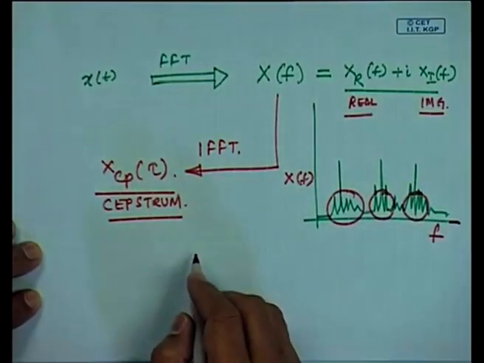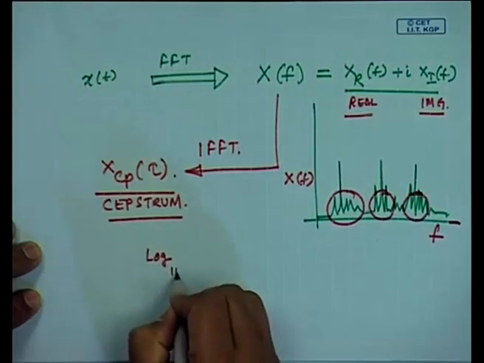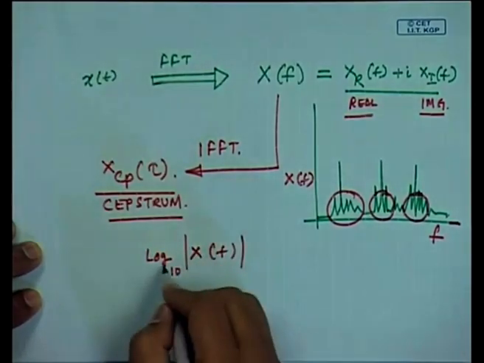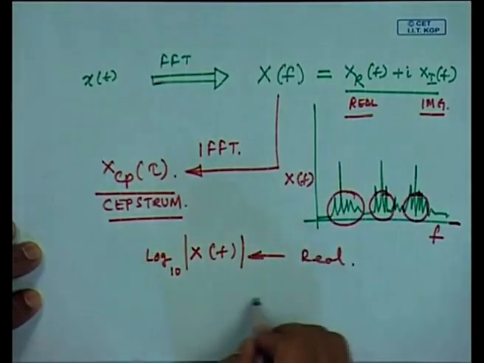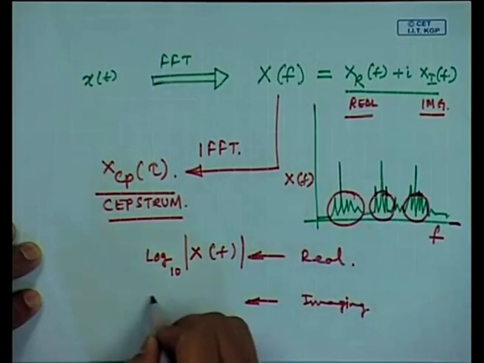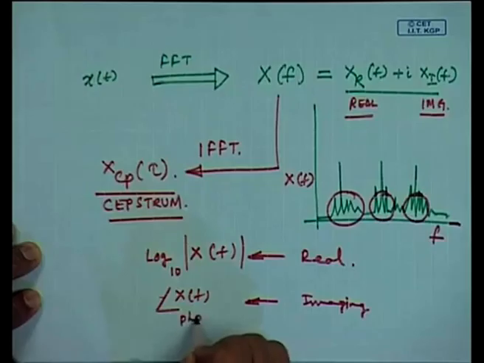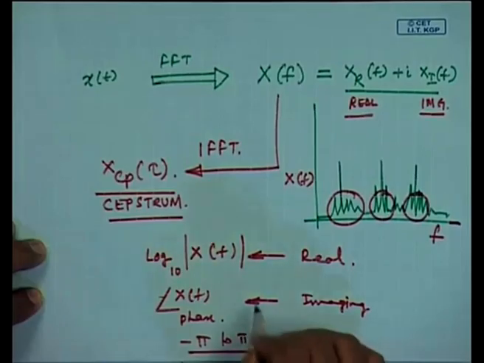To do the inverse Fourier transform, you take the logarithm of the amplitude as the real part, and the imaginary part will be the phase. But this phase will always be from minus pi to pi, so it will be a discontinuous function.